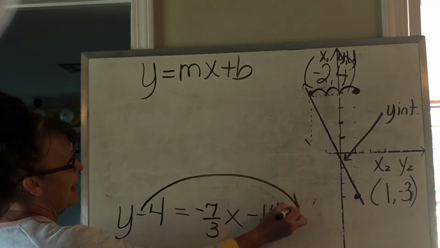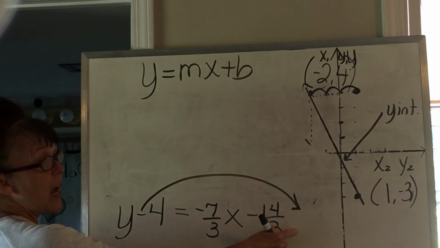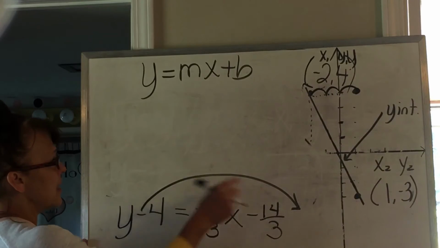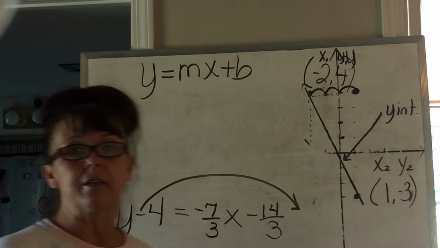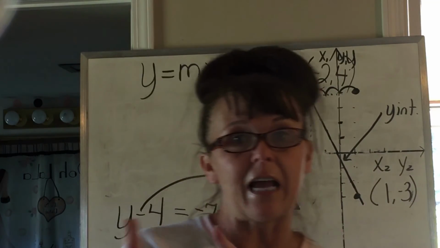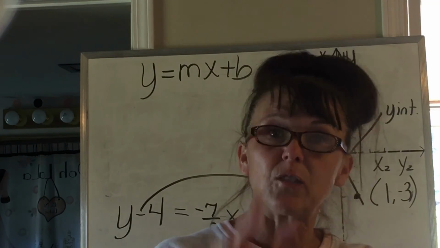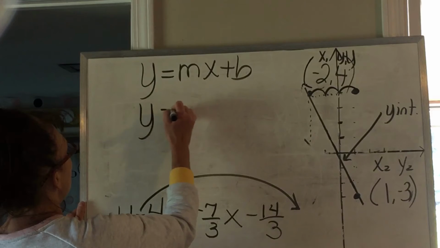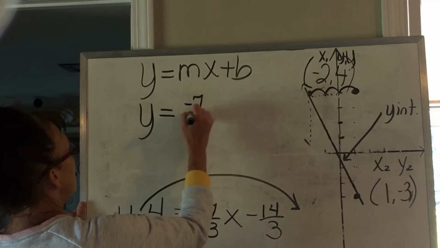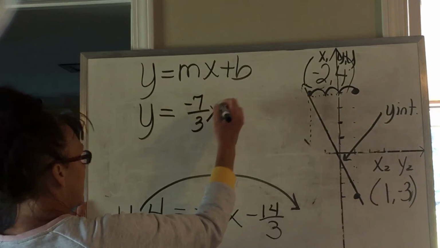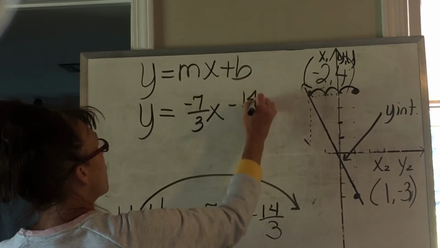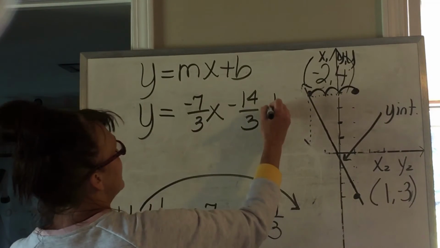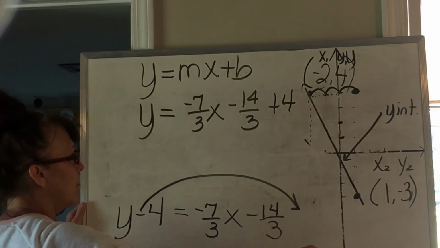It needs to go at the end behind your other number. Why? Well, because numbers add and subtract with other numbers if they're on the same side of the equation. So that's why you want to move it over. So you're going to go y = -7/3 x minus 14/3. Your -4 becomes a +4.